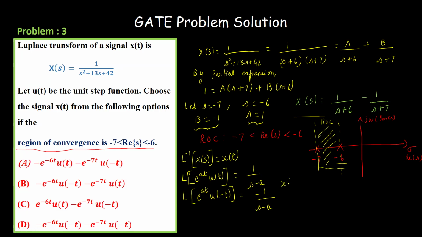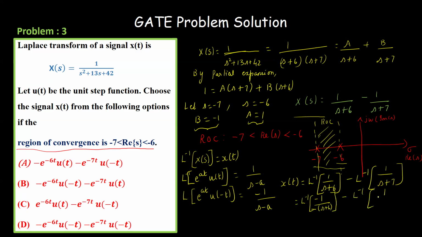Okay, so I am going to simplify like that. x of t equal to L inverse of 1 by (s plus 6) minus L inverse of 1 by (s plus 7). For the pole -6, we have to consider u of minus t. So for that, I am going to multiply and divide by minus 1. So L inverse of minus 1 by minus of (s plus 6), minus L inverse of 1 by (s plus 7).